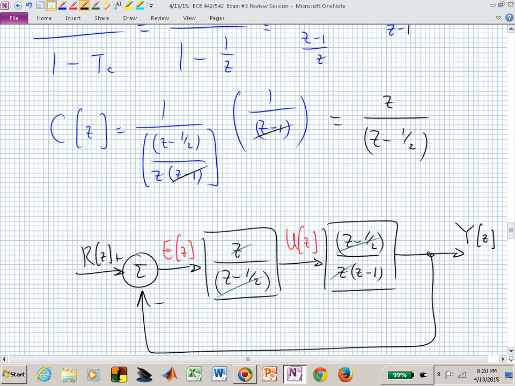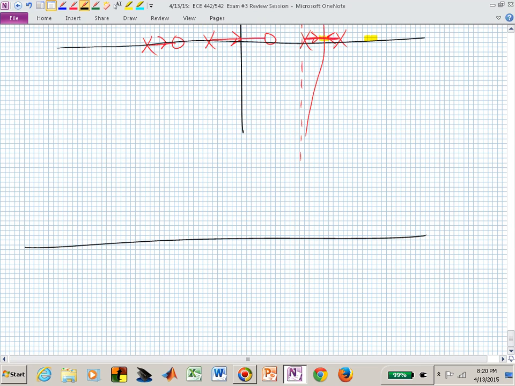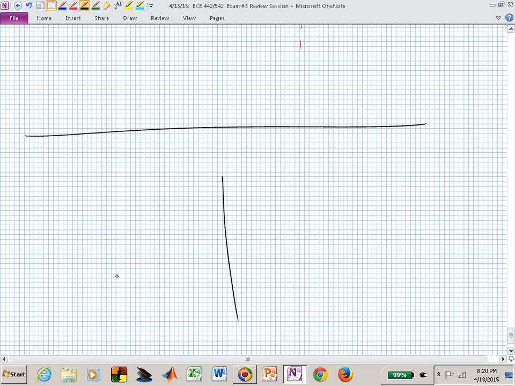How can you calculate the radius? So to calculate the radius, if you have 2 poles on the right and a 0 on the left, you calculate the radius by first computing the breakaway point. You need to locate where the two branches of your root locus break away. The question was, what if we have this scenario?